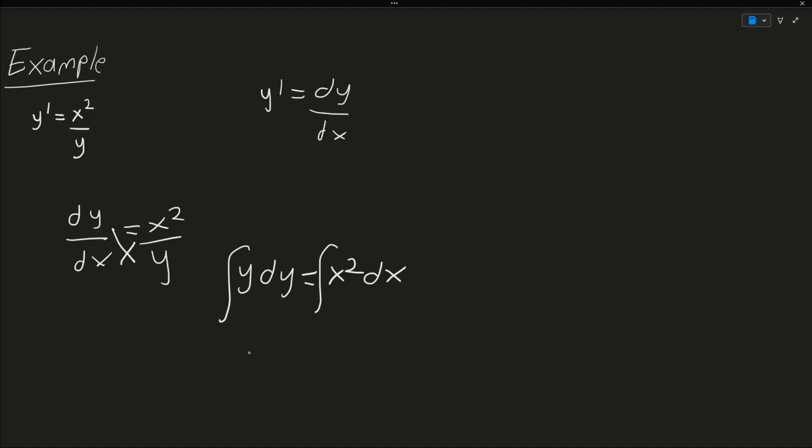Before we integrate, I want to show you something. Since this is an indefinite integral, I'm going to have a plus c here. Let's call this plus c1, and I will have a plus c2 here, since this is also an indefinite integral. Let's move this c1 over to the other side. Then I will have c2 minus c1 as a constant term, and this is actually a constant number.